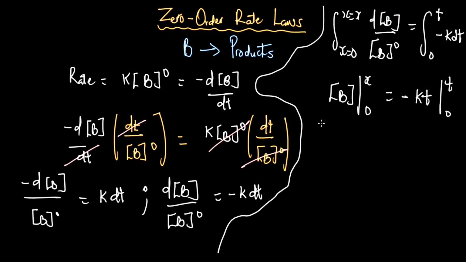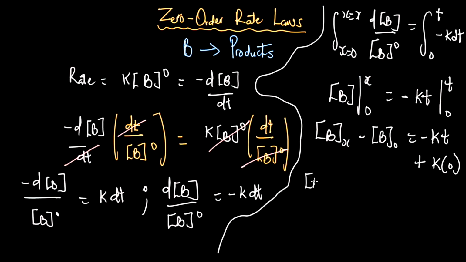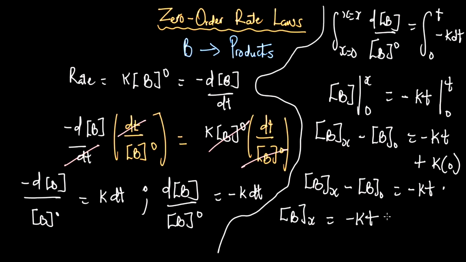From there we can see that Bx minus B naught equals negative kt plus k times 0. So Bx minus B naught equals negative kt. We can rewrite this as Bx equals negative kt plus B naught.